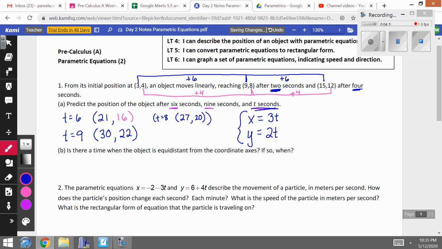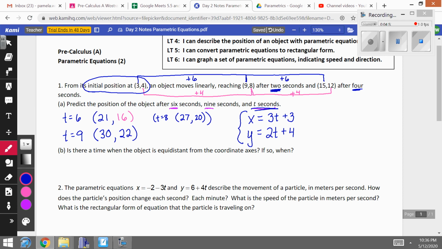So left and right for the x, up and down for the y, and here it goes to the right and up. Now this is not it though, because it does give us our initial position. And really the initial position is when t equals 0. So if t were equal to 0, we would need the x coordinate to be 3, and then the y coordinate to be 4. This is going to be our parametric equations for this here.